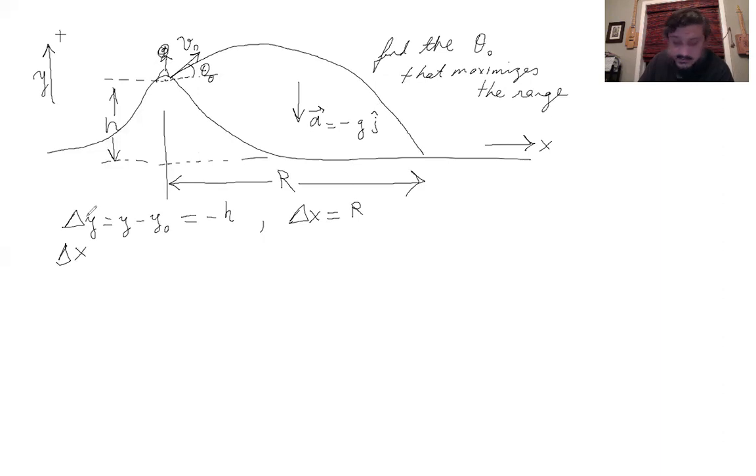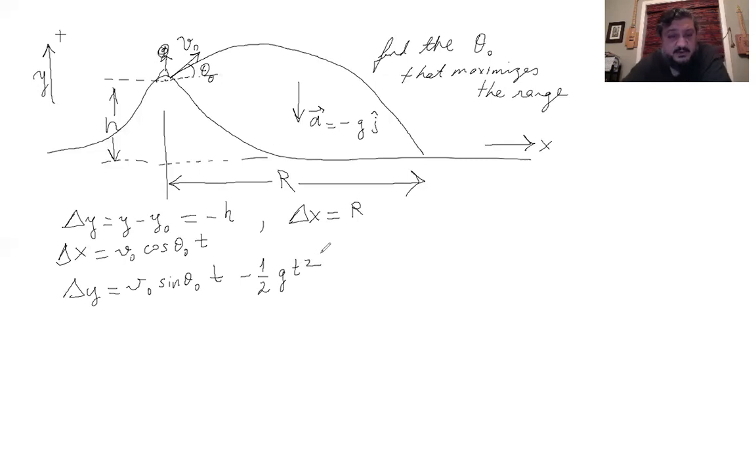Delta x will be equal to v naught cosine theta naught times t. T is the time elapsed. And delta y will be v naught sine theta naught t minus 1/2 g t squared.